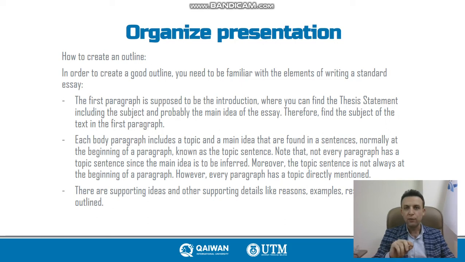So if you're looking for the most important information to be highlighted, to be written down in an outline, you need to be careful about the beginning sentence of every paragraph, because normally the first sentence is where you can find the topic and the main idea of that paragraph. And then later in the following sentences of the body paragraph, you can find important supporting details and also examples. So you can take notes about them, highlight them, or write them, so you can remember the important points.